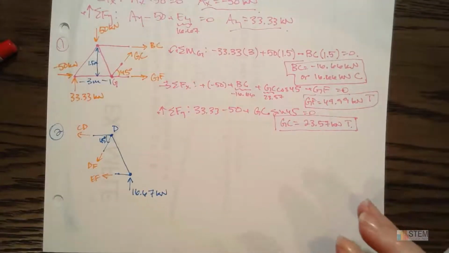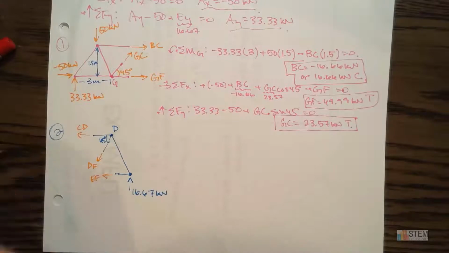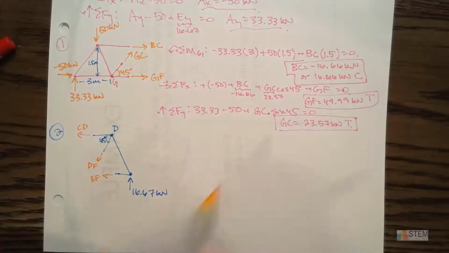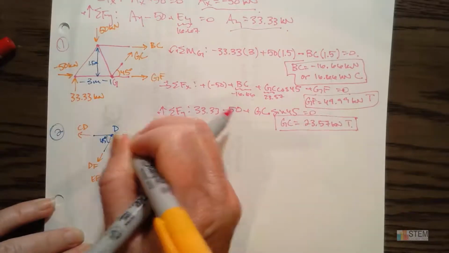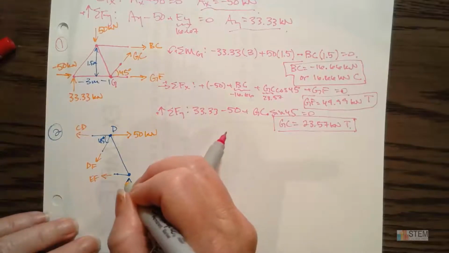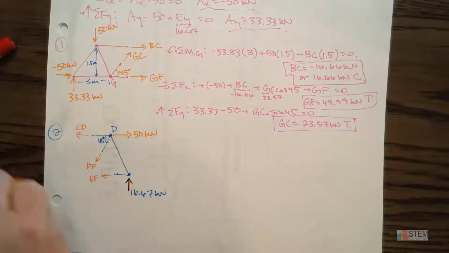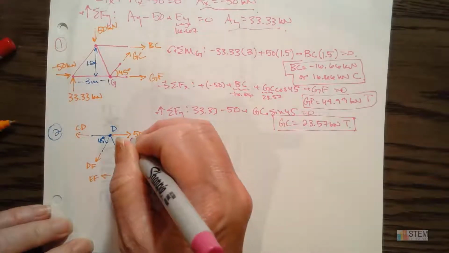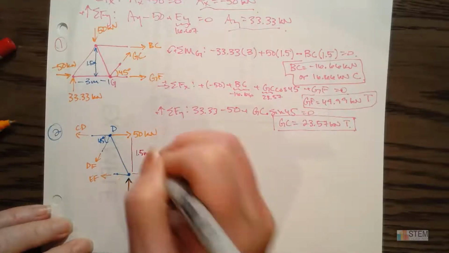Okay, so now we've got this. And let's put some distances on here that we might need. So, oh, and we forgot one other thing. I almost forgot that 50. Uh-oh. I should have made that yellow. Okay. So now the distance here that we might need, this distance from here to here, that's 1.5, remember.